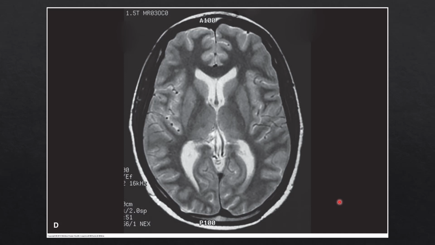This is an MRI showing the ventricles of the brain. So if you remember from the ventricular system that you would have gone through in the online videos, the ventricles usually circulate the cerebrospinal fluid. The cerebrospinal fluid is produced by the choroid plexus, which are located in the brain.